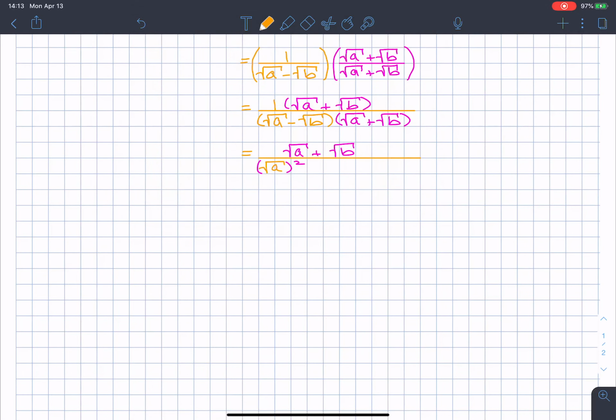Then I look at the outers. It'll be plus the square root of a times the square root of b. Then let's look at the inners. It'll be minus the square root of a times the square root of b. Now let's look at lasts. It'll be minus the square root of b times the square root of b, which is the square root of b quantity squared.